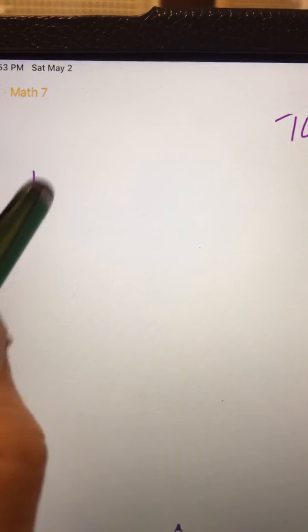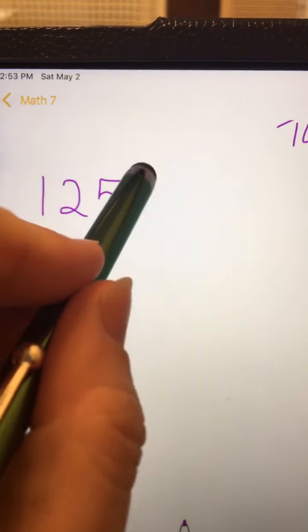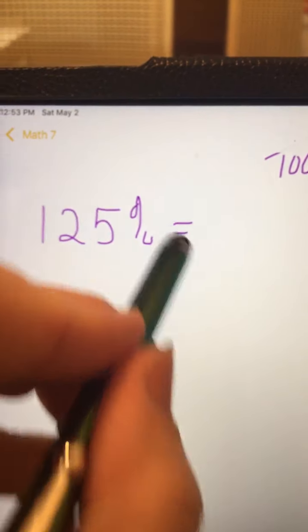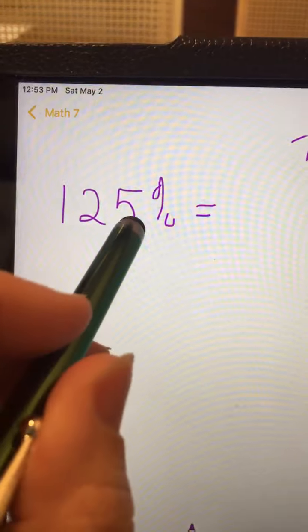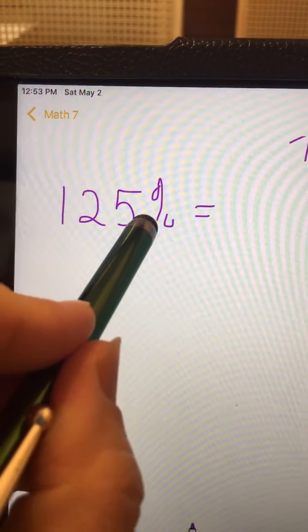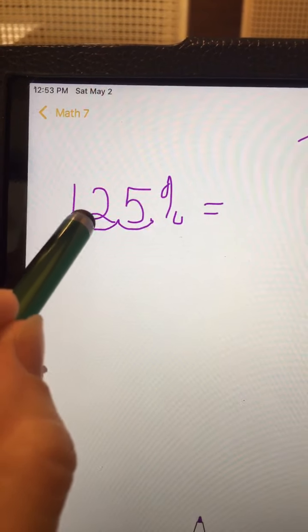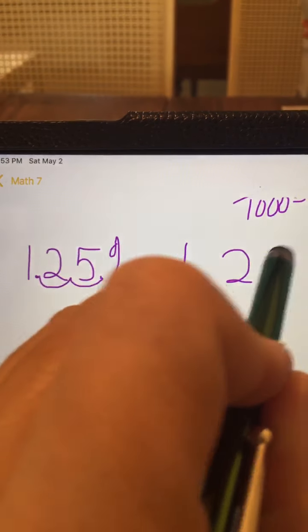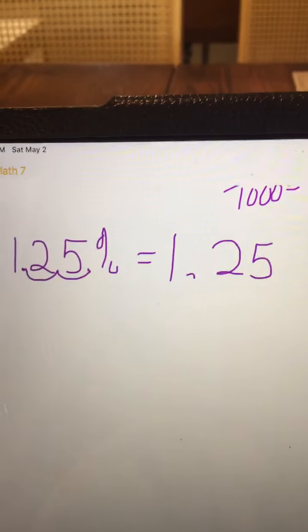Okay, so let's go back to my little screen. You have 125%. Change that into a decimal. Decimal point goes at the end. Move it over 2 places to the left. I have 1 and 25/100ths.